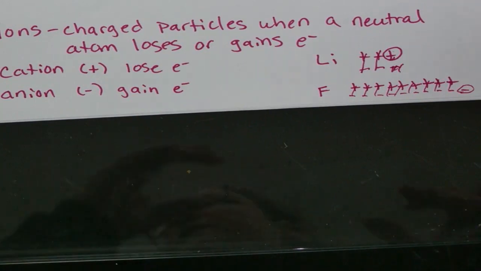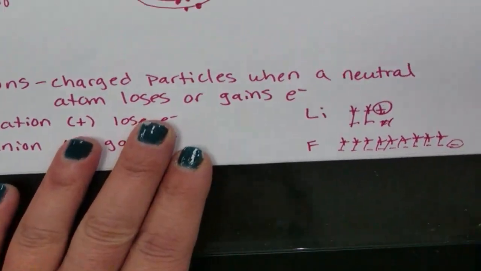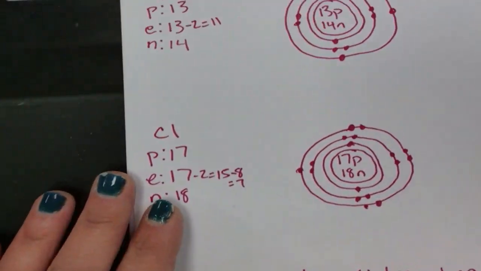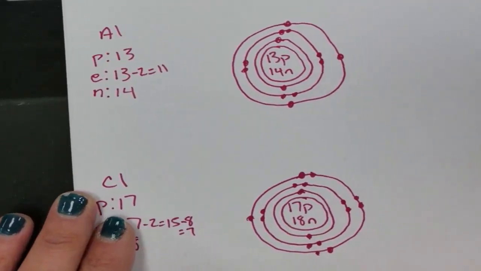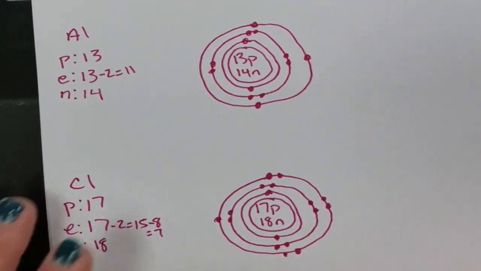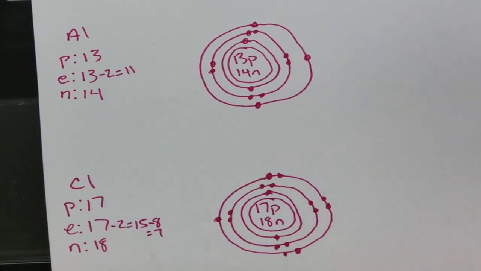So let's look at some examples, and we're going to go with aluminum and chlorine because we did a video previously and already drew the Bohr models for a neutral atom of aluminum and chlorine. So we're going to use this information in order to look at the ions.